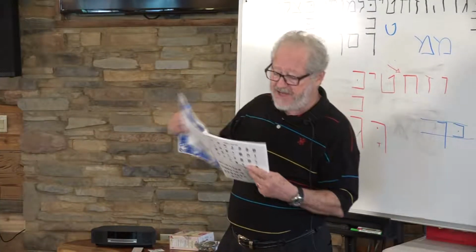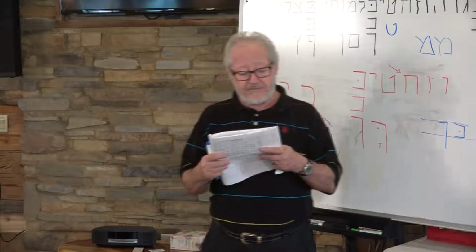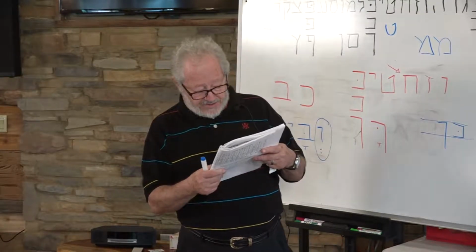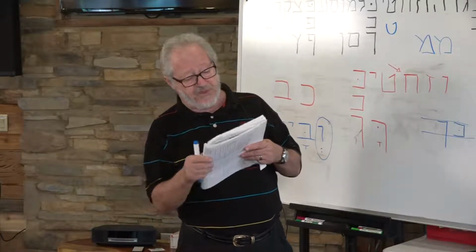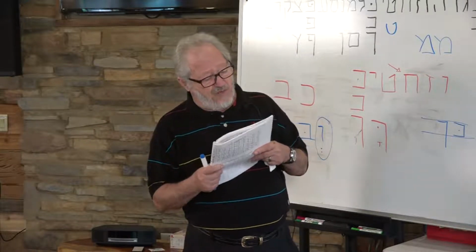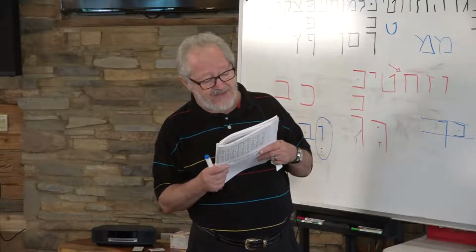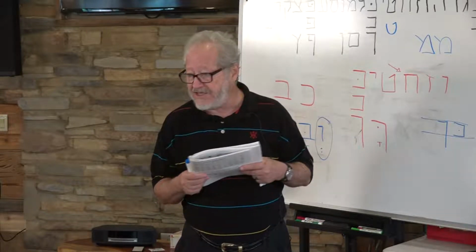I'm on page 28. Memory drills. There are four exercises here. 1, 2, 3, 4. The first one, write the first 11 letters of the Hebrew alphabet in English. So here's what I want you to do.